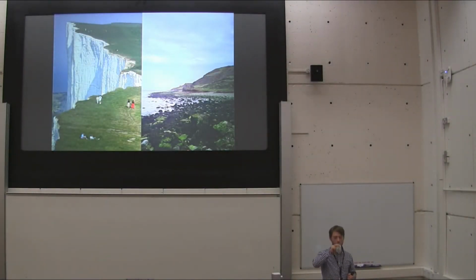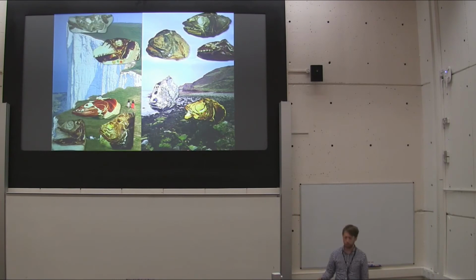So, as luck would have it, we happen to have two remarkable deposits here in the UK that span this key period in the evolution of acanthomorphs. The first is the English chalk, which dates to the early late Cretaceous, and secondly we have the London clay. And so together these two deposits provide essentially a natural laboratory which lets us study patterns of functional and morphological diversification.